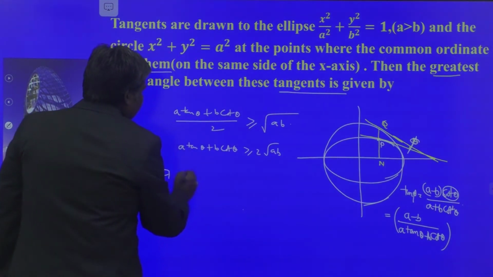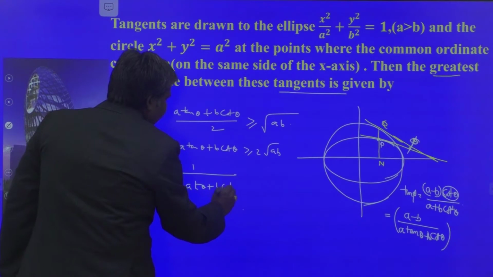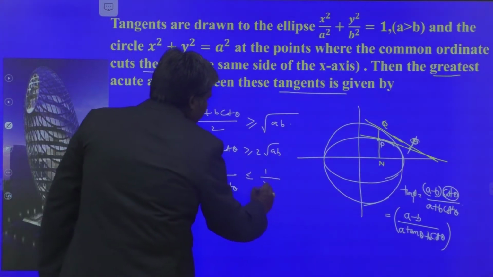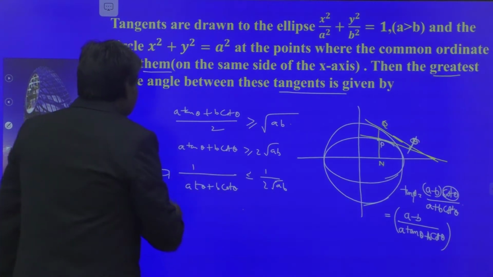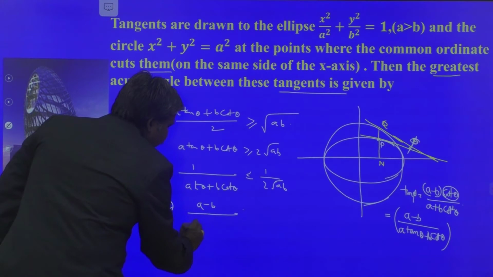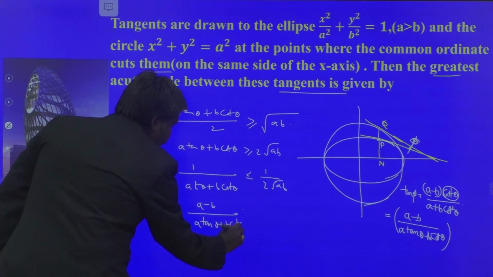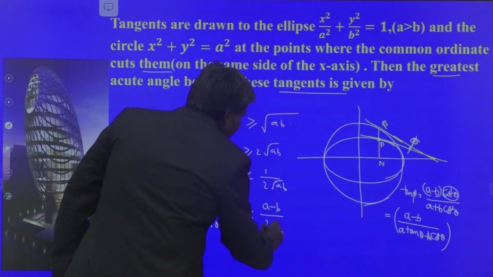By taking reciprocals, 1 by a tan theta plus b cot theta is less than or equal to 1 by 2 root ab. On multiplying a minus b on both sides, we get a minus b by a tan theta plus b cot theta, which is less than or equal to a minus b by 2 root ab.